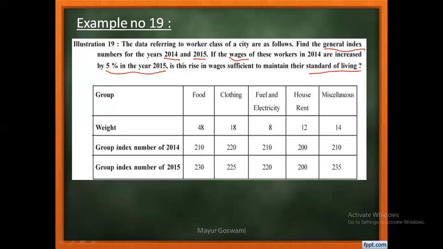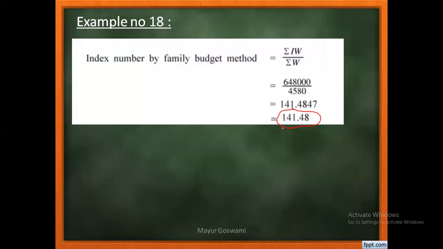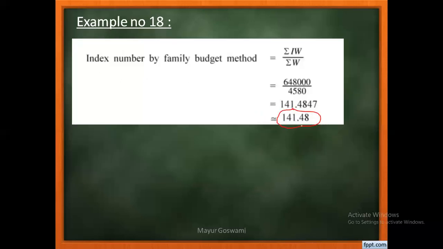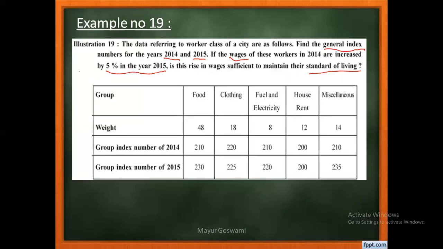But the worker's expense is increased by 41.48%. Now you tell me whether it is sufficient. Obviously not, because their expense is increased by 41%, but their income is increased only by 5%. So obviously it is not sufficient.